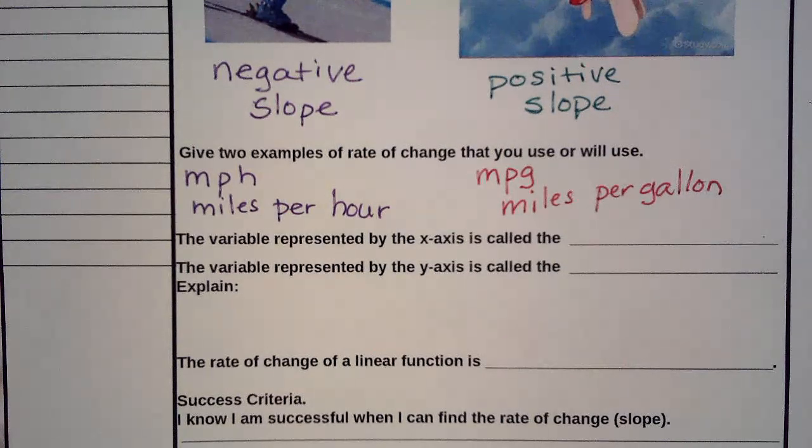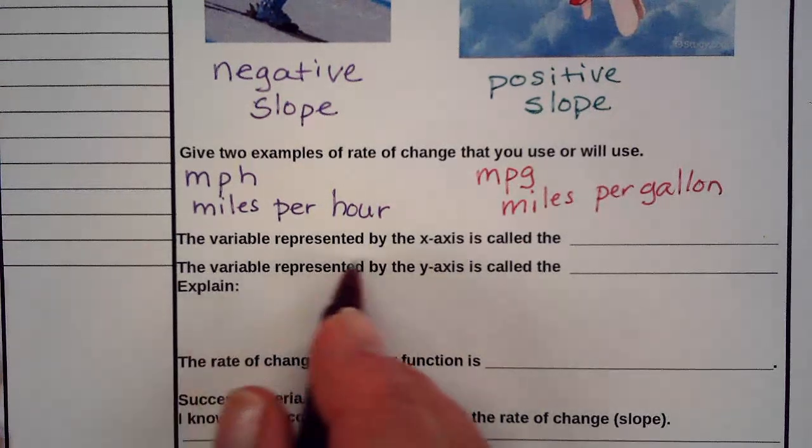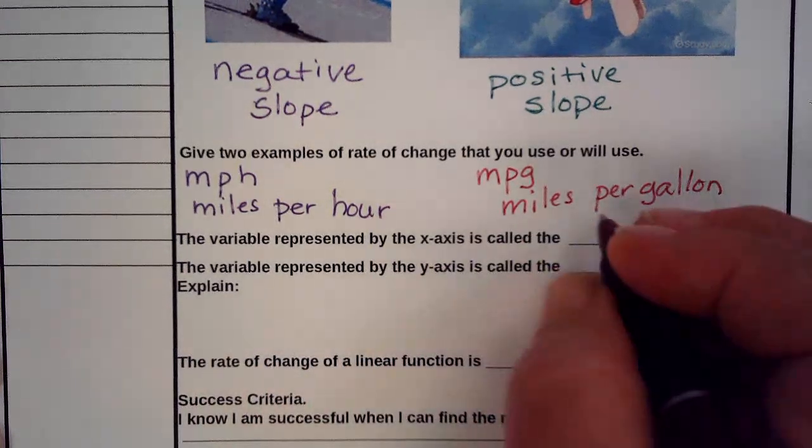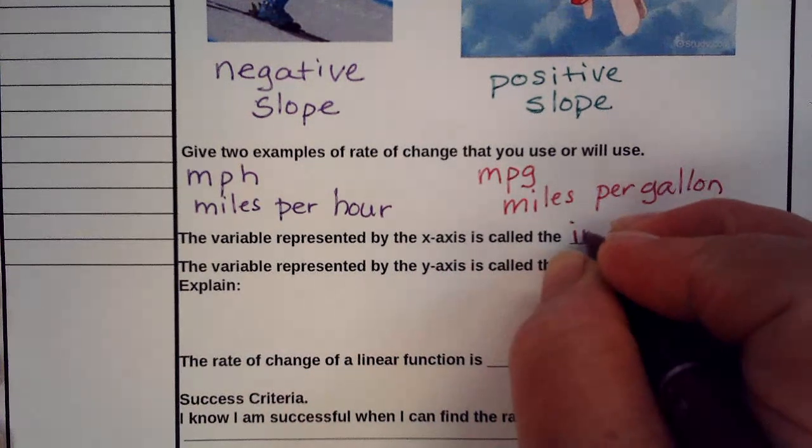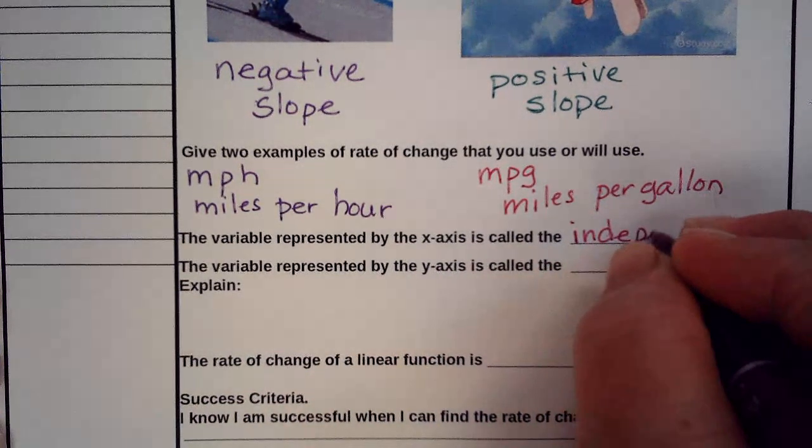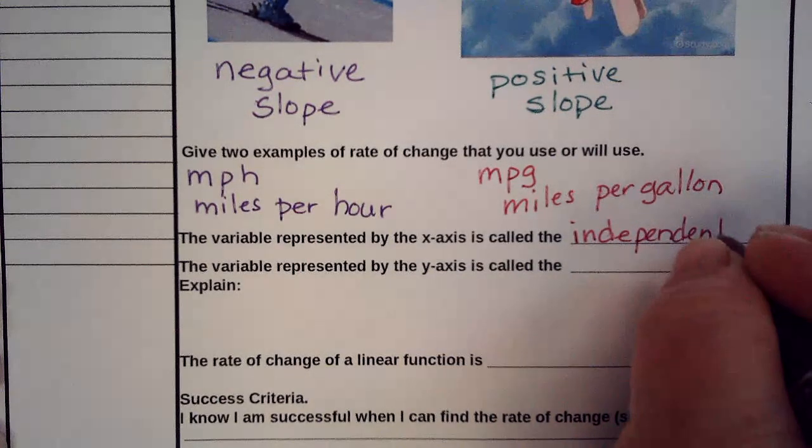Okay, the variable represented by the x-axis is called... We've got two things we're looking for, the dependent and the independent variable. So think about graphing on the Cartesian plane. Do you graph the x-axis or the y-axis first? Well, you go right or left, that's your x-axis, before you go up or down. So the variable represented by your x-axis is the independent variable.